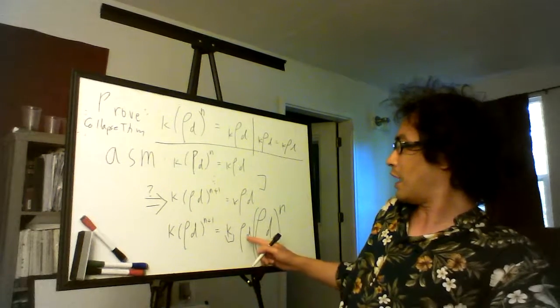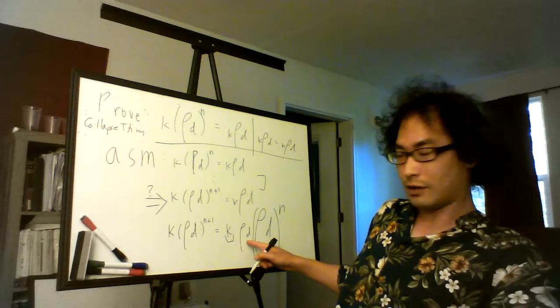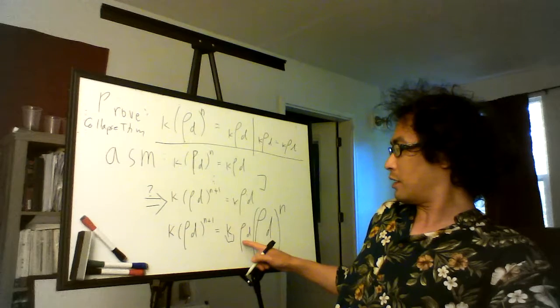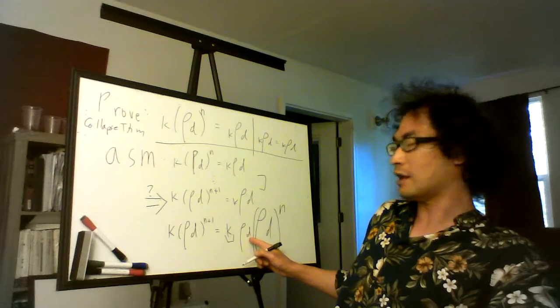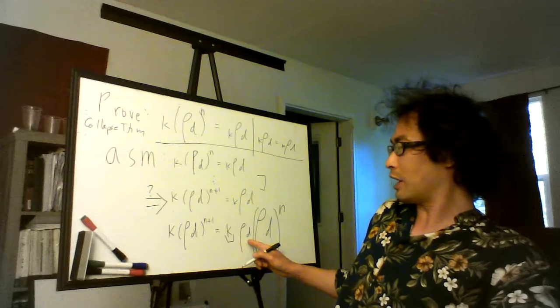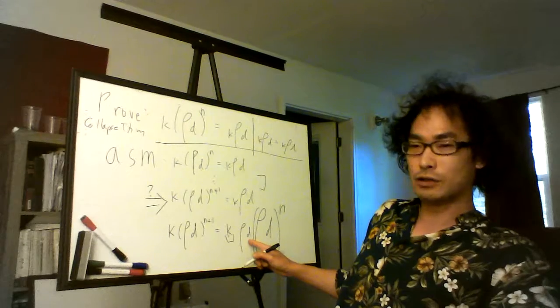But if we divide K by D, and then it becomes a remainder, right, which is less than D. Remainder can be 0, 1, 2, all the way to D minus 1, okay?